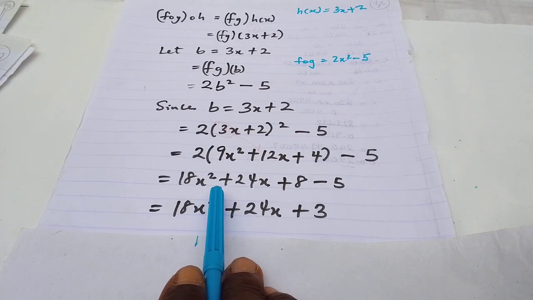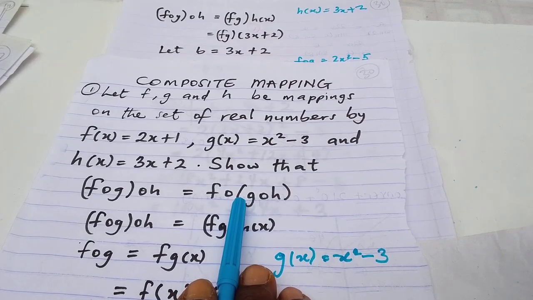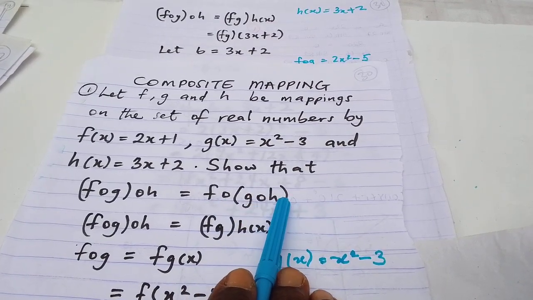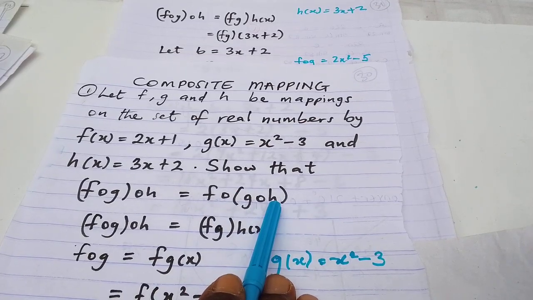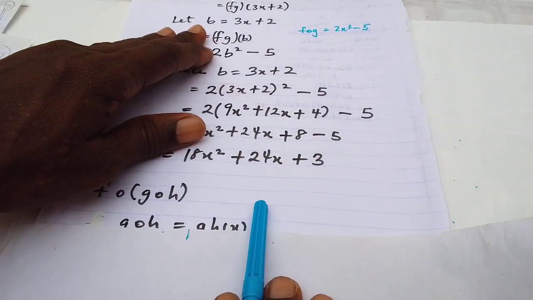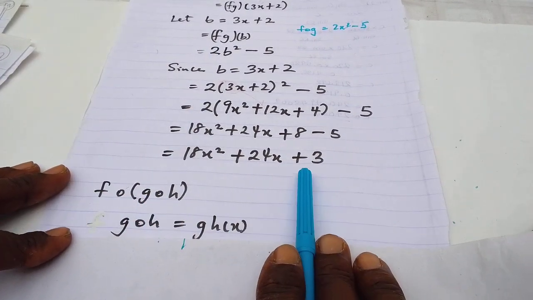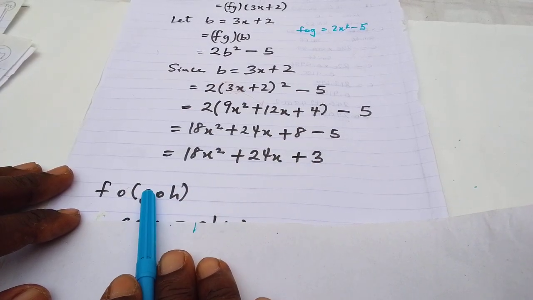Now let us look at what if we use f of bracket g of h. Now we want to do it using the right hand side. So now let's try to go that way. f of bracket g of h. So that means you first of all do the one inside the bracket first.